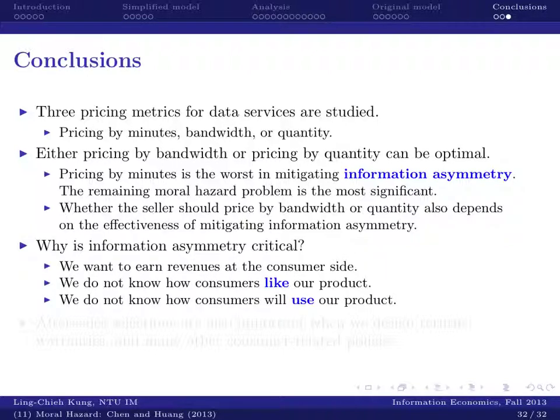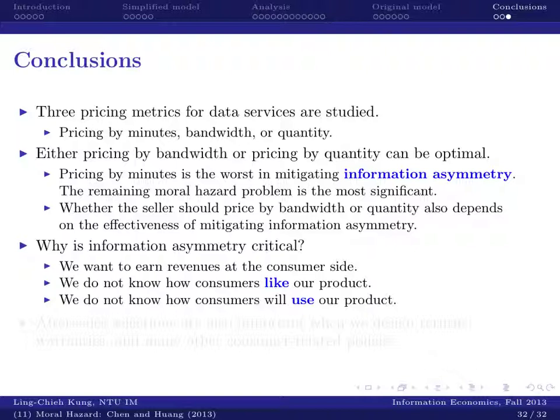So again and again, we emphasize how critical information asymmetry is. Why? At least for the following case, I hope it is convincing. We always want to earn revenue at the consumer side, right? But the main difficulty is that we don't know how consumers like our product. This is hidden information. Also, we don't know how consumers will use our product. The product discussed in this paper is the data service.